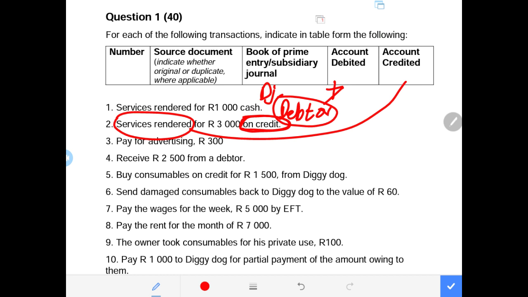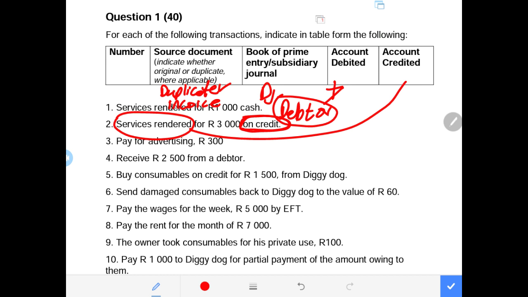Then we need to come to our source document. The source document will be a duplicate invoice. We use an invoice when we sell on credit. Whenever we sell on credit or we sell for cash, it is always a duplicate. That means the document we keep on our side is a duplicate, and we record in our books based on our documents.